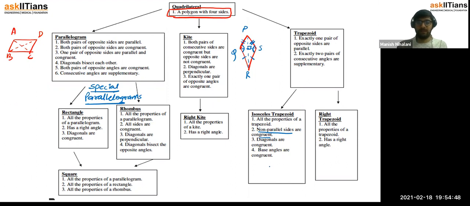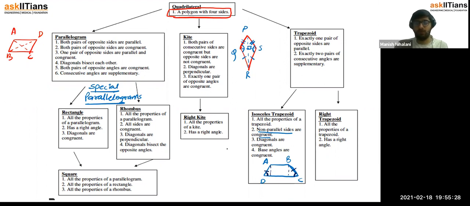It's like an isosceles triangle, where angles opposite to congruent sides are equal. So here angle D would be equal to angle C. The congruent sides are AD and BC, so the angles opposite to them will be equal. So the base angles are congruent, right?